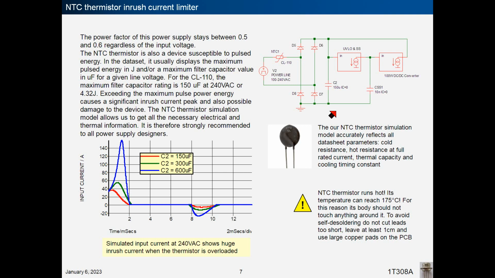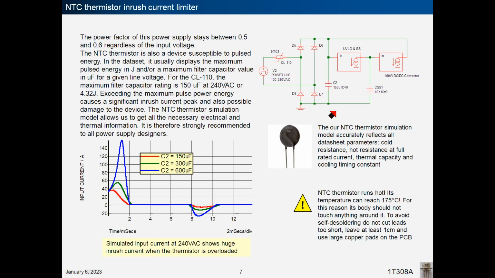The NTC thermistor is also a device susceptible to pulsed energy. In the datasheet, it usually displays the maximum pulsed energy in joules and/or a maximum filter capacitor value in microfarads for a given line voltage.